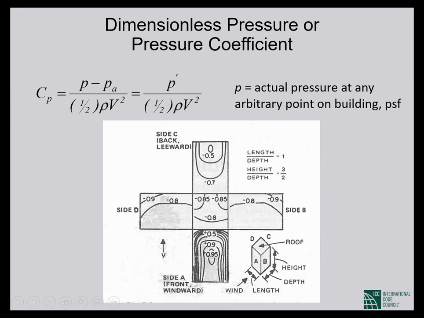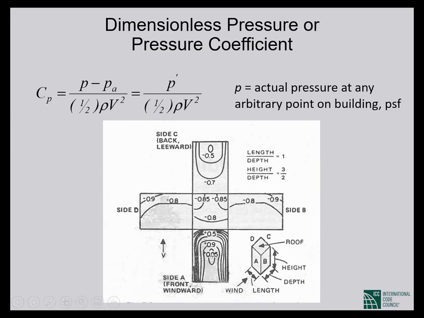Now, if we plot the pressures at various points, I have taken a building and opened it up. This is the flat roof. This is the windward face. This is the leeward face. Those are the side faces. What is being plotted is pressure above ambient, divided by the stagnation pressure, 1/2 rho v squared.